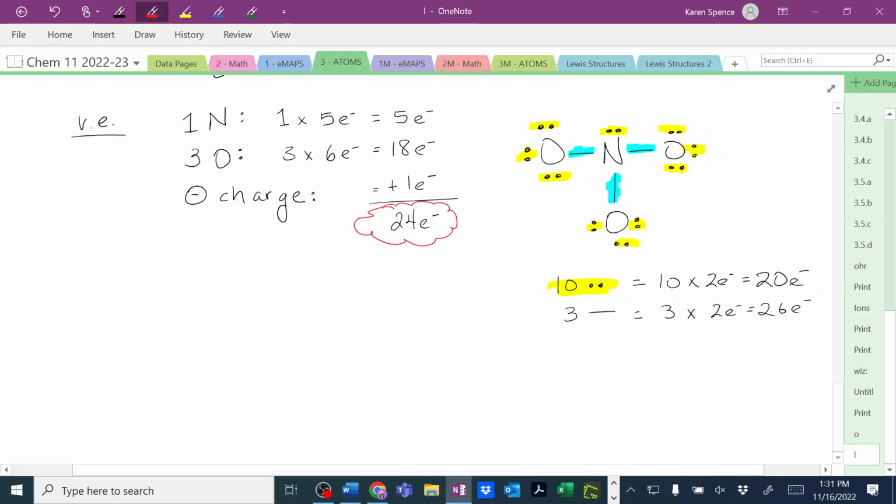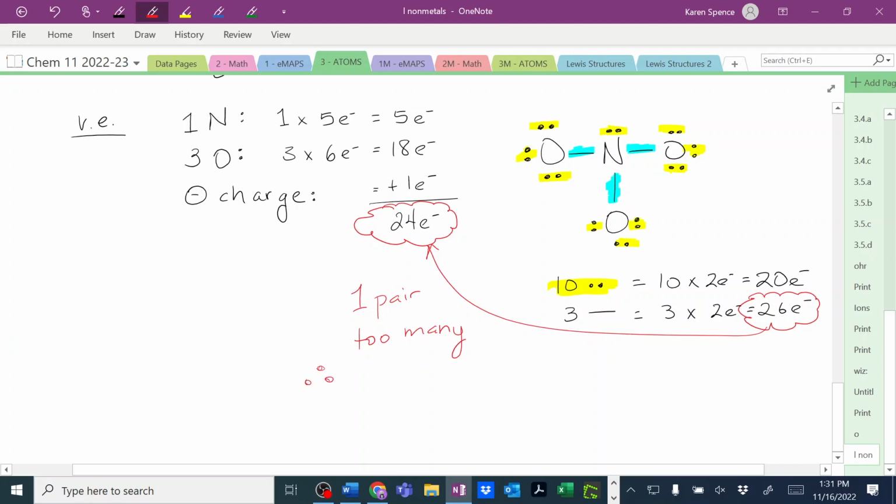And then I look and I say, are these the same? No. I have one pair too many. And if I have one pair too many, how many pairs am I going to erase?